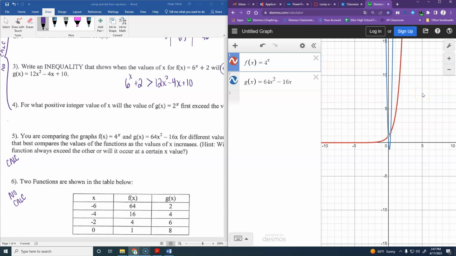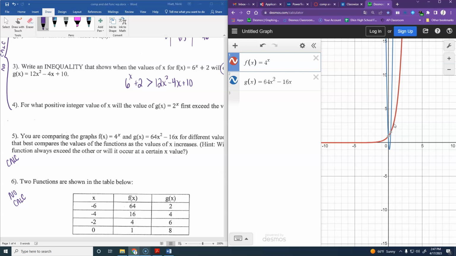So here is a fact that you need to know. Exponential growth is going to eventually grow faster than any other type of growth. So right here, this blue graph is much steeper than our red graph, right? This blue graph is way higher than our red graph over here. It's very steep. That blue graph is our quadratic.